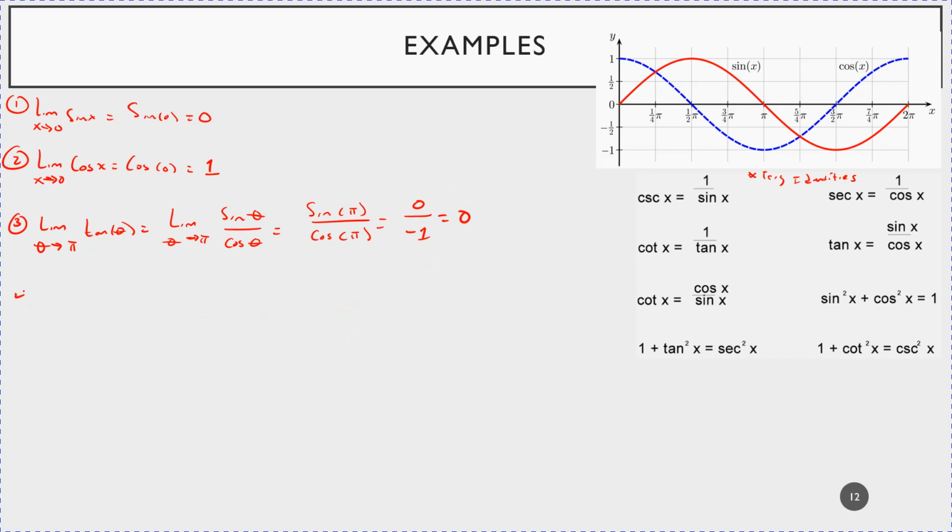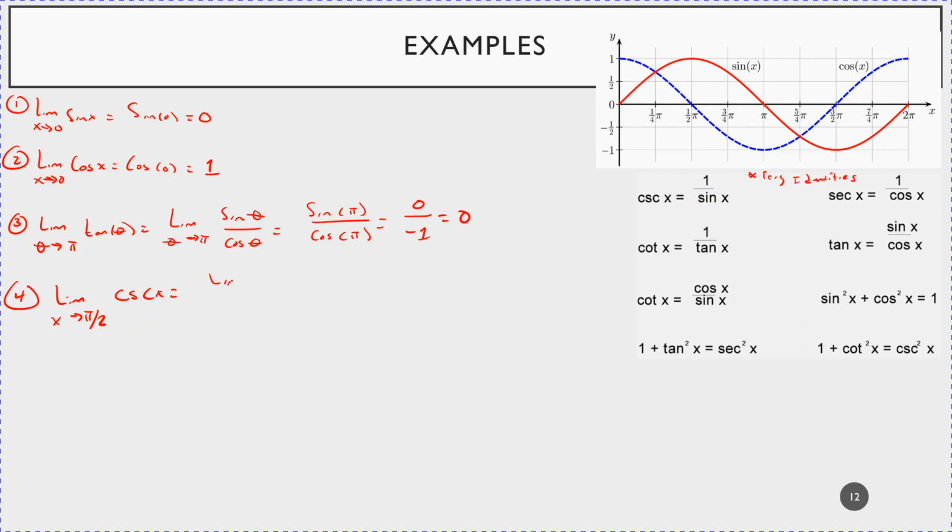Let's try this one. Let's find the limit as x goes to pi over 2 of cosecant of x. Again, maybe you forgot what cosecant is off the top of your head. So let me go back here and look. Well, this is 1 over sine.